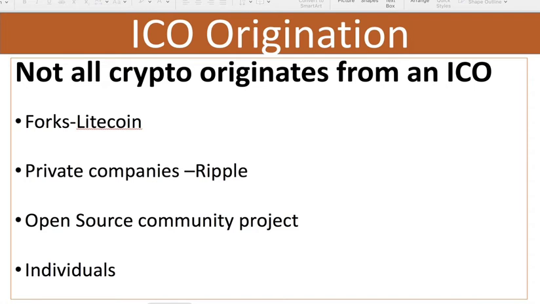ICOs are certainly an important funding mechanism for the creation of new cryptocurrencies. It is very important to understand that not all crypto is the product of an ICO. Many of the cryptocurrencies seen on CoinMarketCap did not have an ICO and are simply a fork of another existing blockchain that developers have altered in some way.